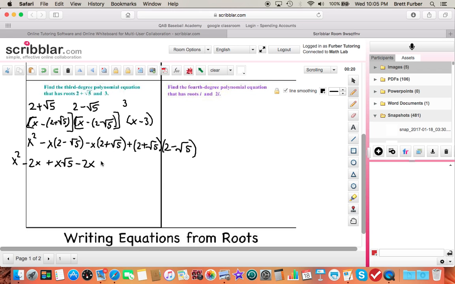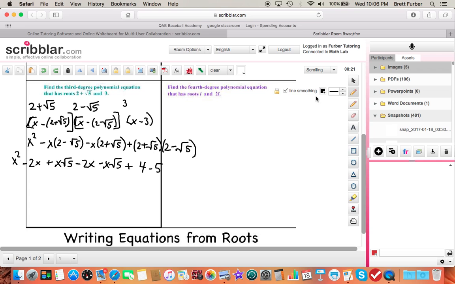Negative x times positive square root of 5 is negative x times the square root of 5. And then remember, this is a difference of squares. So I can just square the first, which is 4, and then square the second, which is negative square root of 25. And you should know that negative square root of 25 is basically just 5. So I'll just go ahead and change that here so I don't have as much to write.